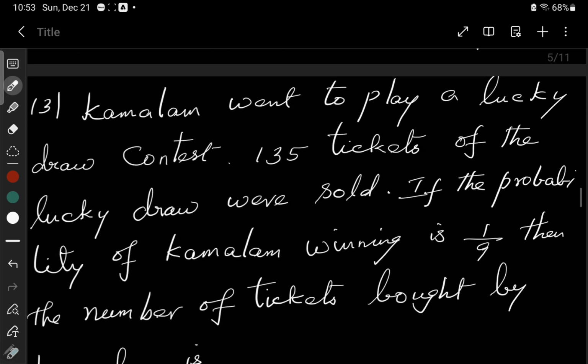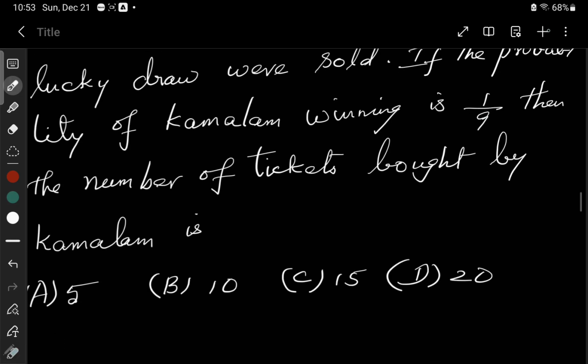See, 13th sum. Kamalan wants to play a lucky draw contest. 135 tickets of the lucky draw were sold. If the probability of Kamalan winning is 1 by 9, then the number of tickets bought by Kamalan is.